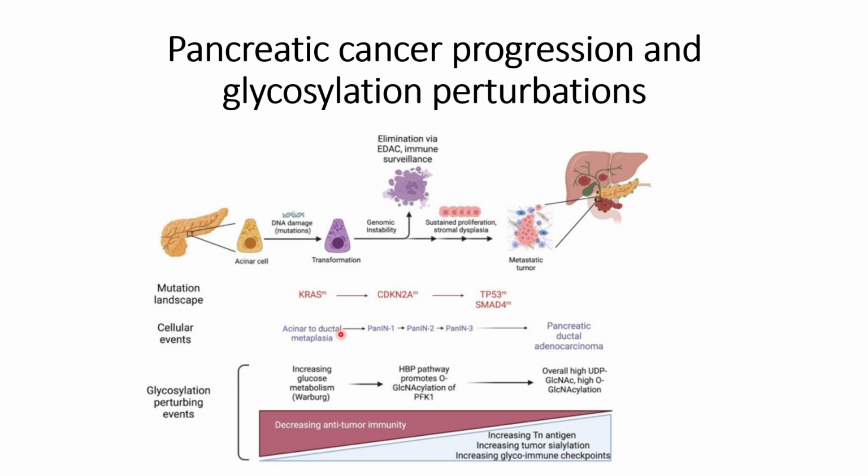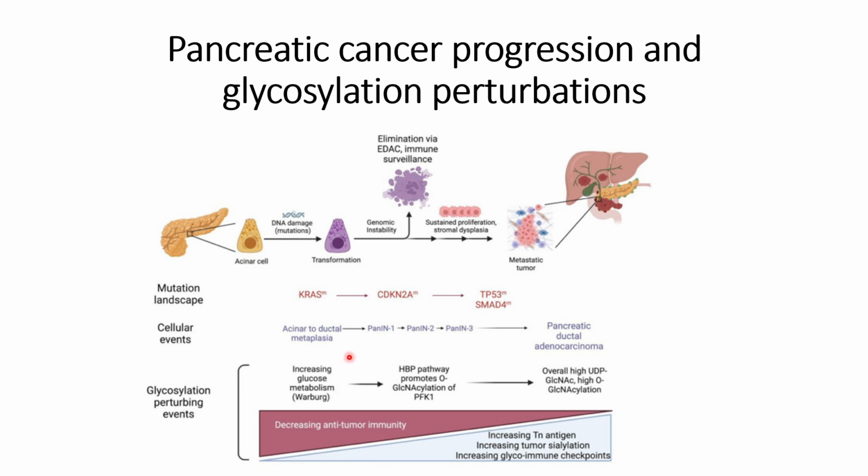From the glycosylation perturbation point of view, as the cells move towards uncontrolled growth and the metabolism rate increases, there is a switch in the pathways because they need high glucose consumption. So it switches to high glucose aerobic pathways, popularly known as the Warburg pathway.